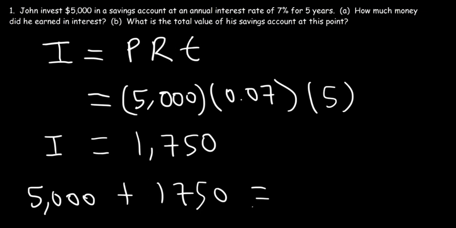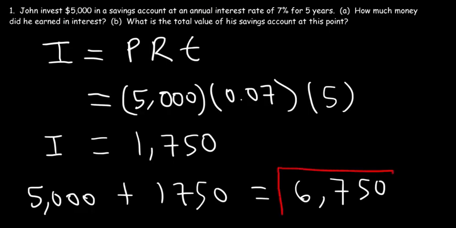So his total account value at this point is $6,750. So that's how much money he has in the account at the end of 5 years using the simple interest formula. So this is the answer for part B, and this is the answer for part A.